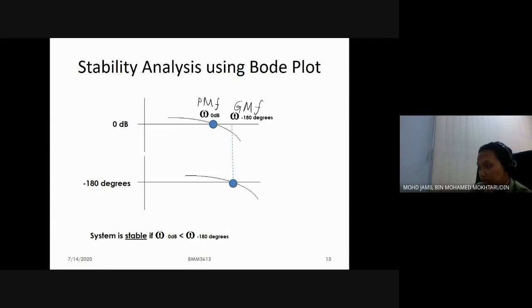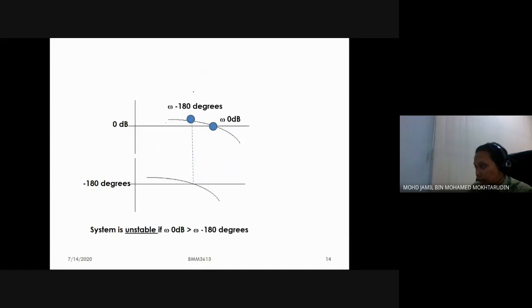Simple. If the phase margin frequency is bigger than the gain margin frequency, then the system is unstable. So the condition is that the phase margin frequency must be less than the gain margin frequency.